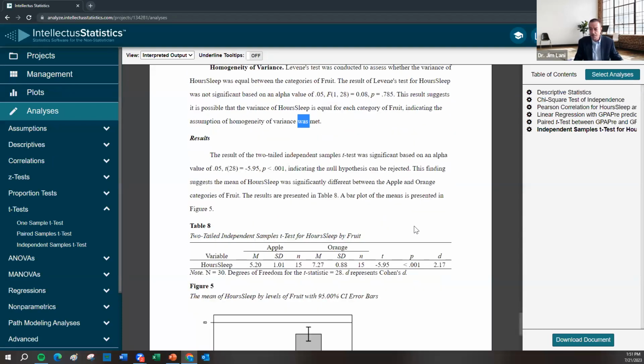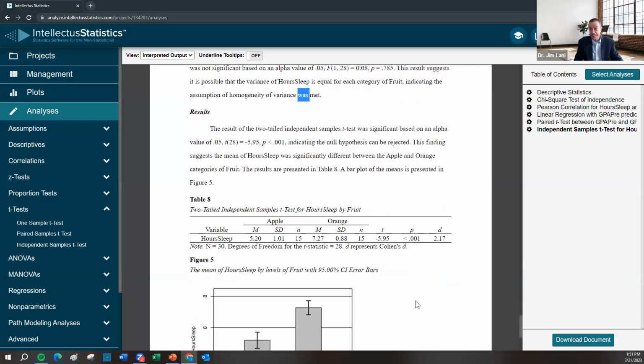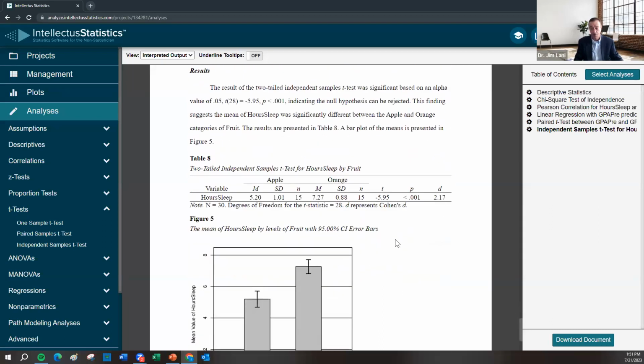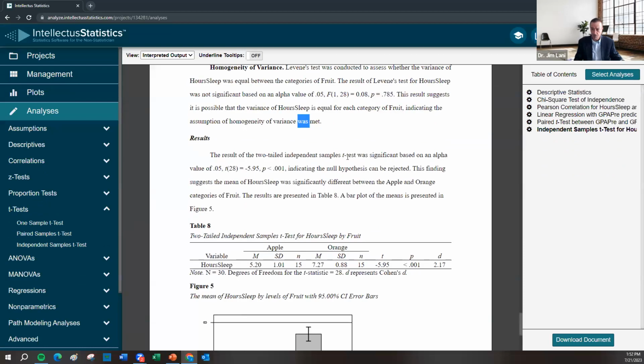And the results of the test, what do we see just by glancing at the table is that the number of hours slept was greater for those eating oranges than for those eating apples, who were sleeping less. Here we can see there were significant differences on sleep by fruit.